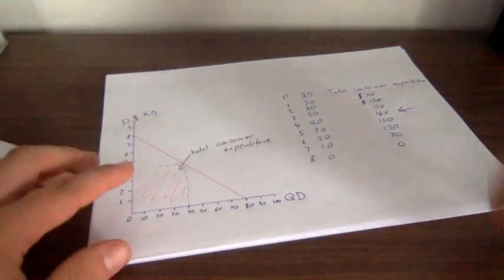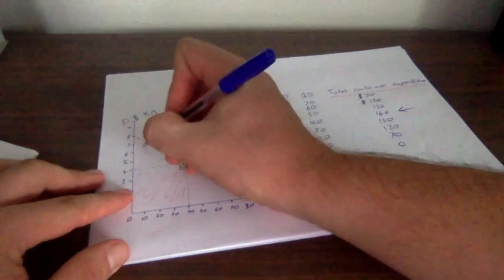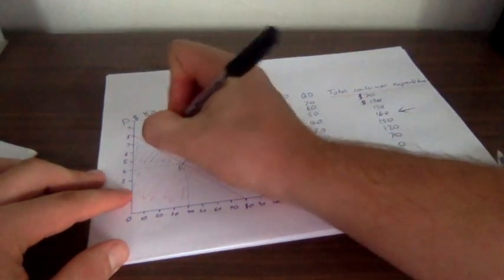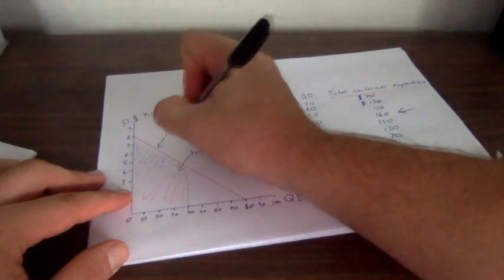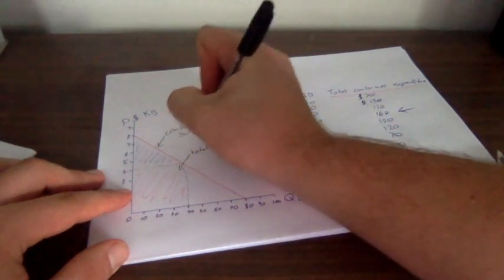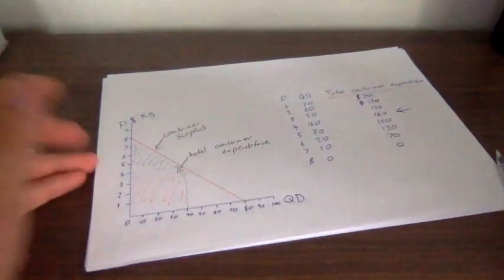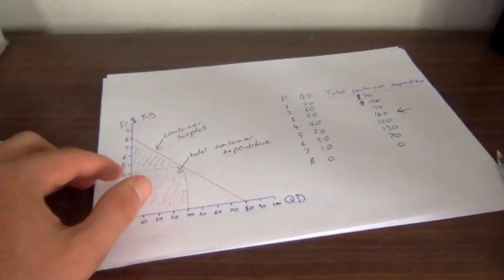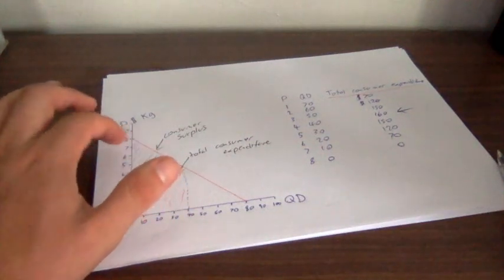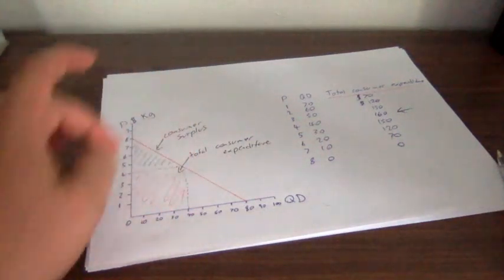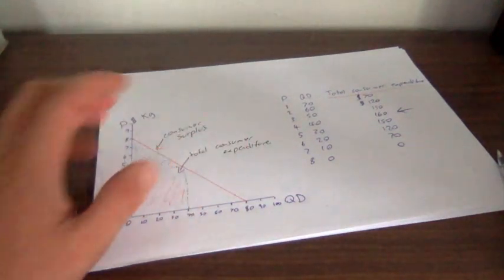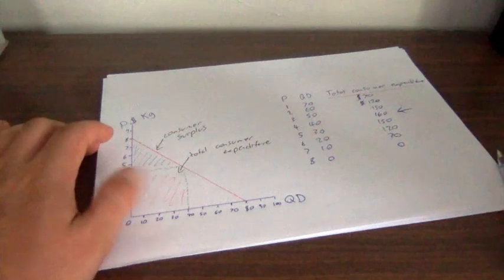Now this bit up the top here represents the consumer surplus. Basically, what this indicates is that when the price of bananas is $4, this amount here is what consumers are saving, because the price isn't at the higher price they'd be willing to pay.